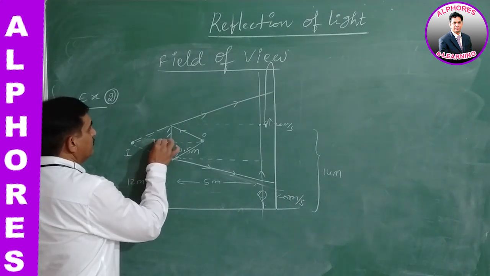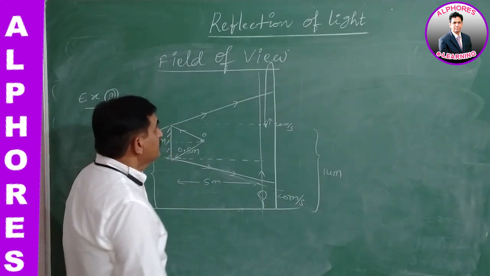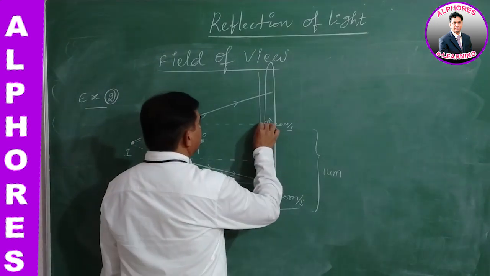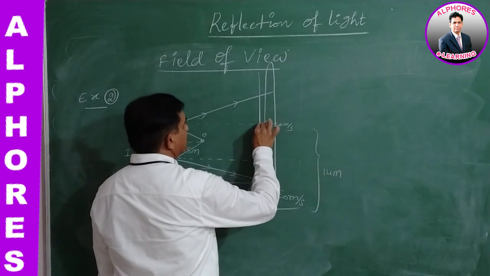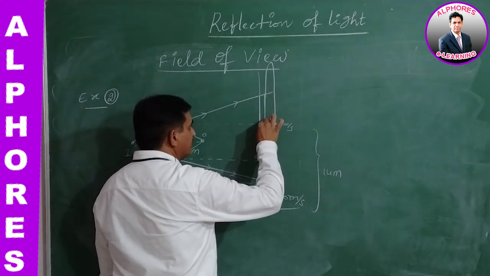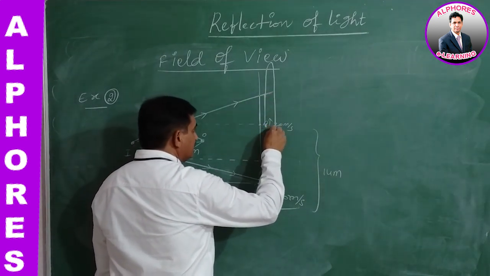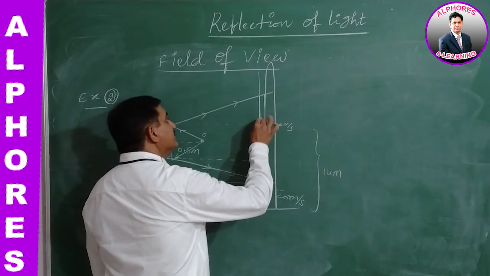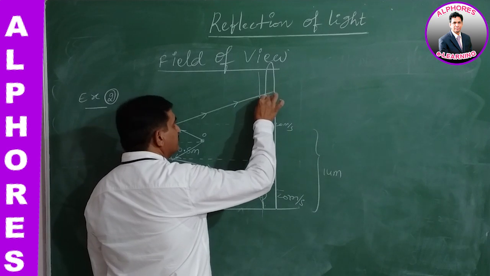Okay. Now, for what time will he be in this field of view? From here to here is time, then again coming back on the return journey, and again moving up to here. So we have to find the time from here to here, and from here to here.